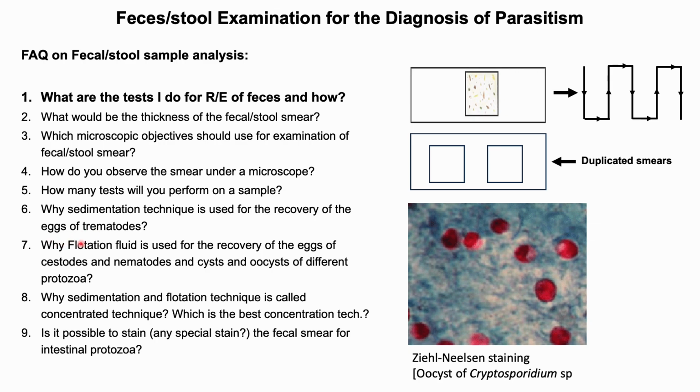The seventh question is, why is flotation fluid used for the recovery of eggs of cestodes and nematodes and cysts and oocysts of different protozoa? The eggs of most cestodes and nematodes and cysts and oocysts of protozoa are usually light in weight, that is, they have a lower specific gravity, which is around or below 1.10, compared to the eggs of trematodes of different helminths or protozoa.